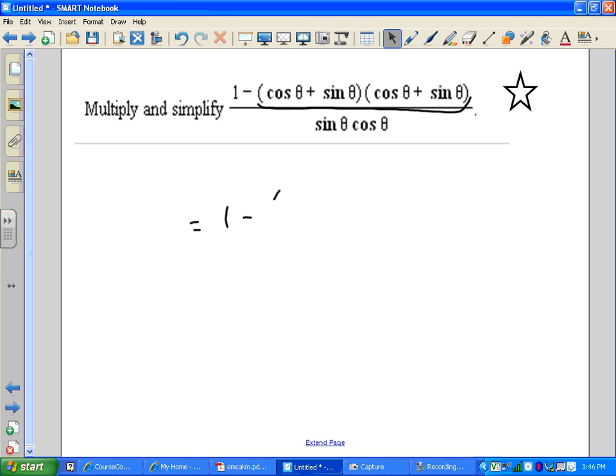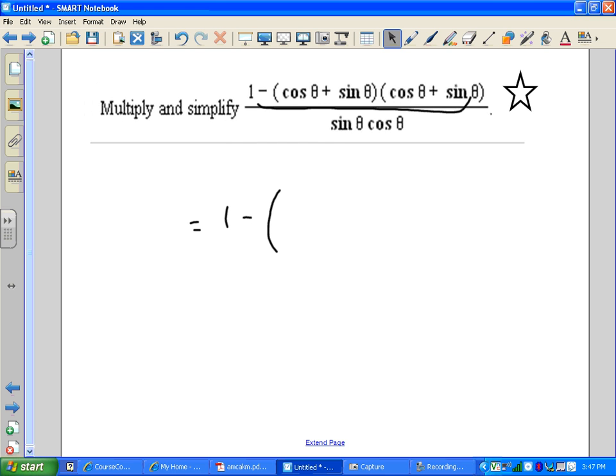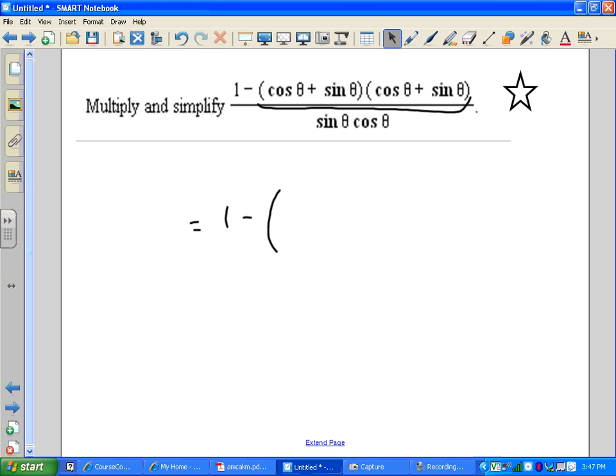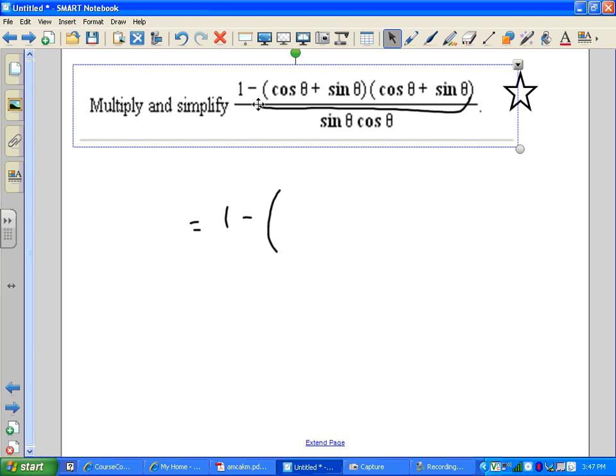So we'll have 1 minus, now we have a big parenthesis with a bunch of stuff inside here. So first, I would do cosine times cosine, and that would be cosine squared theta. And now outside would be cosine theta sine theta.